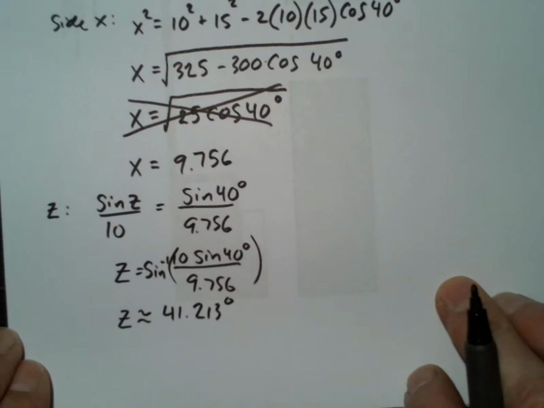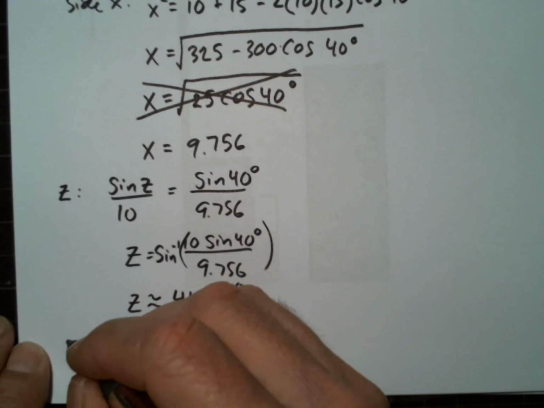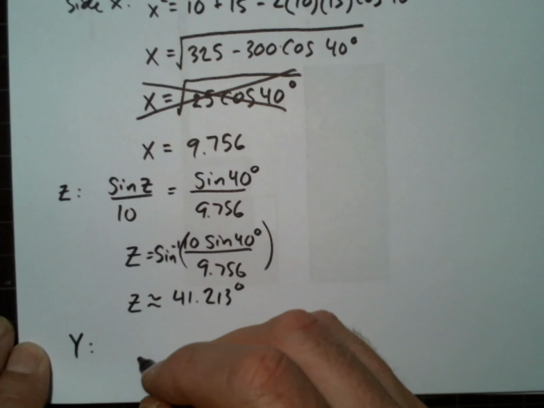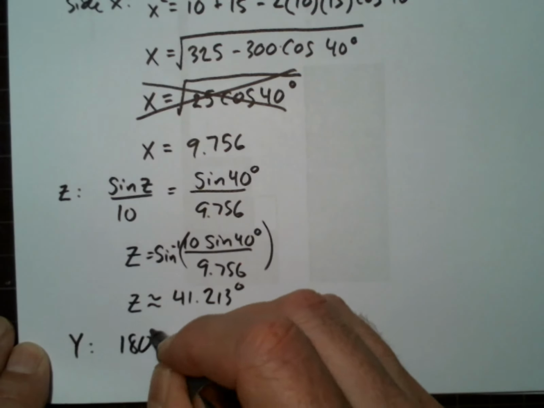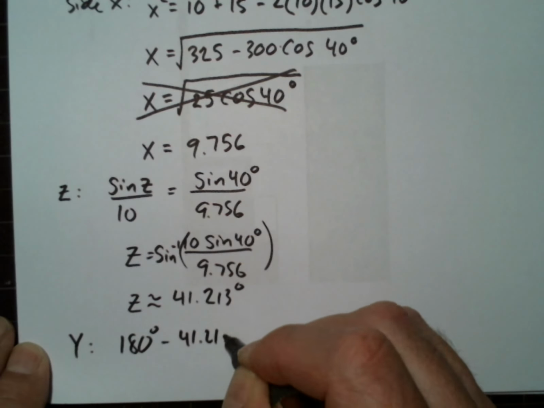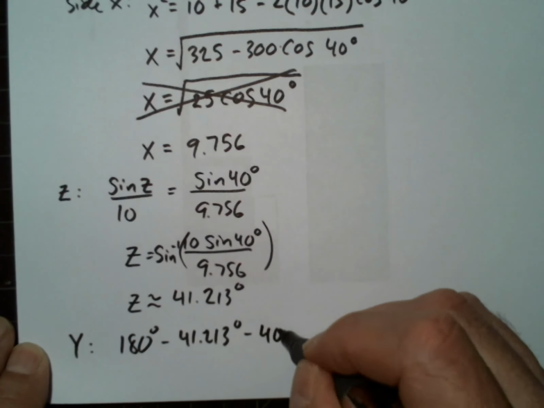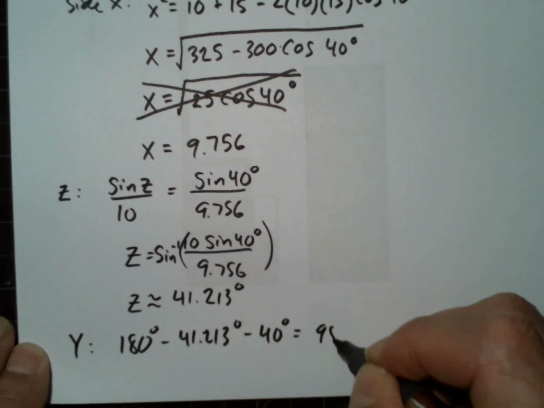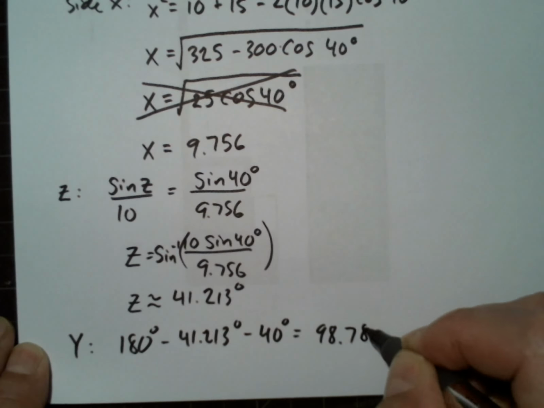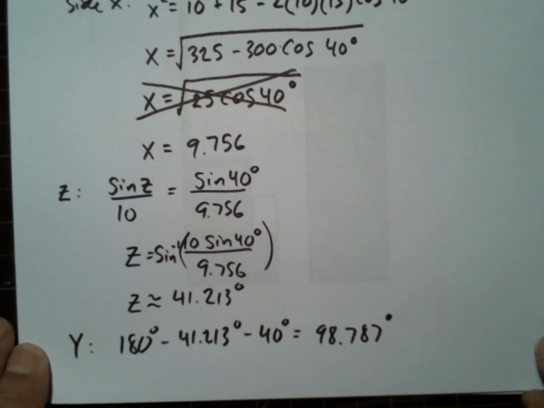Now we know two angles, so we can just subtract them from 180 to find angle Y, and that'll be 180 minus 41.213 minus 40. And we solve the triangle.